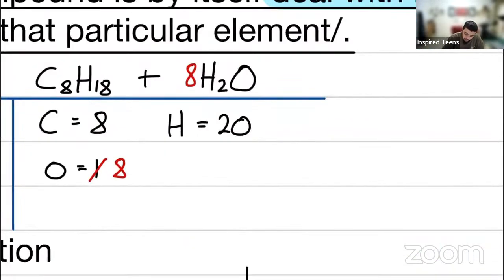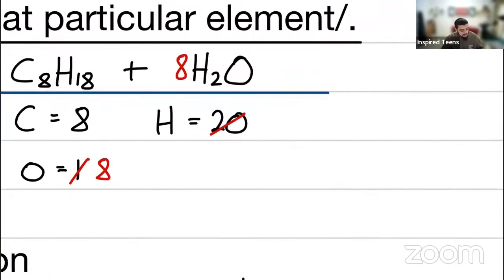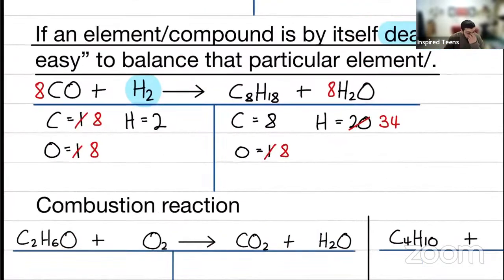This changed from 20 to 16 plus 18, which is going to be 34. But that's really not so difficult to deal with, because we have the hydrogen for last. It's on its own, so we can manipulate it. So look out for that. If there's a question with anything on its own, leave it for last.